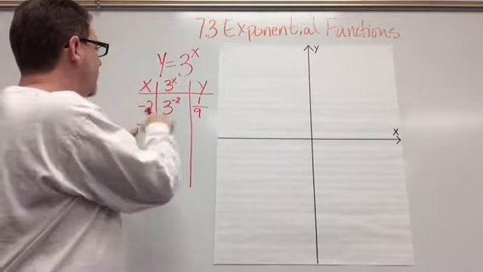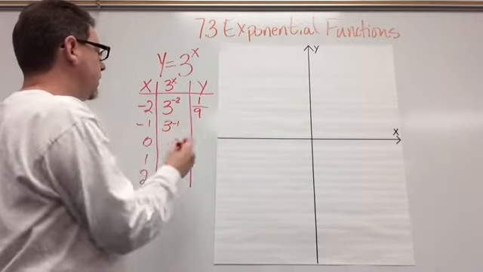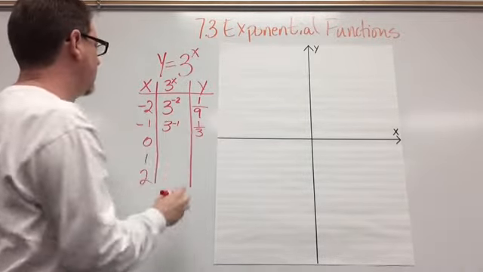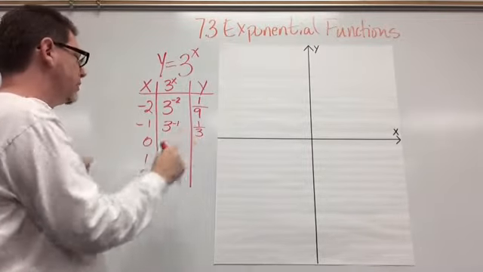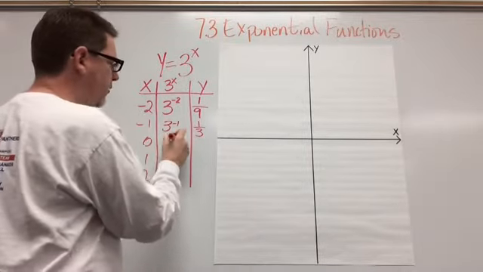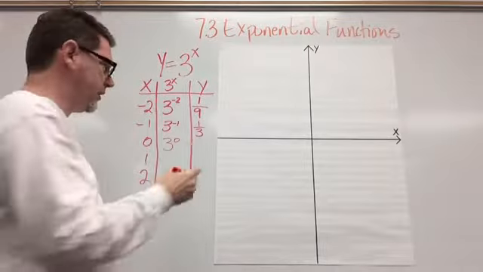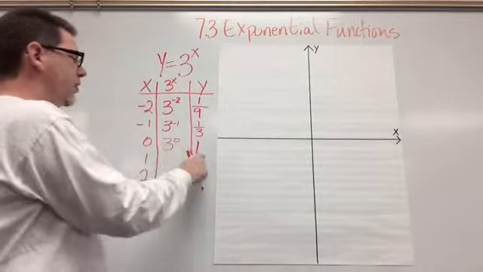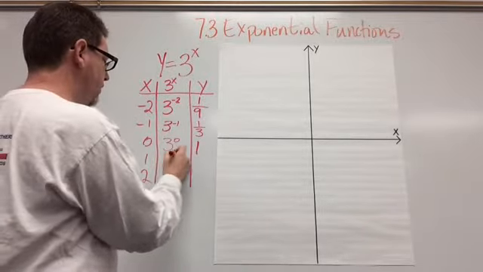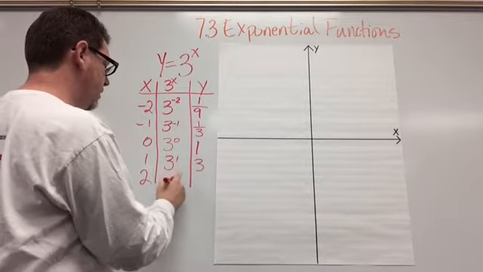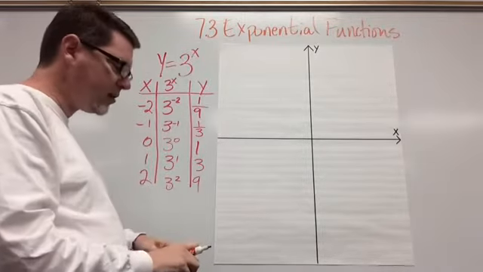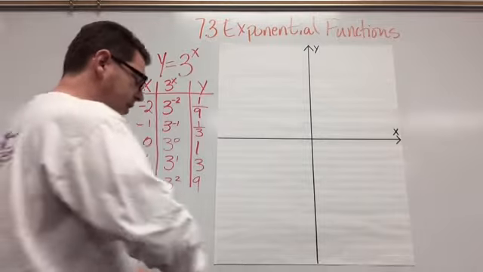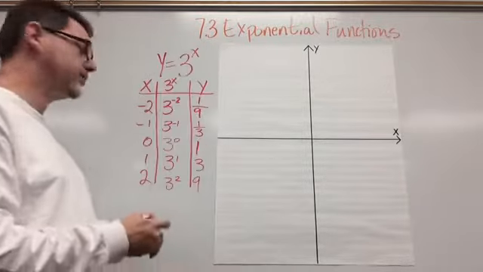And so I have 3 to the -1 power, and that's just 1/3. So when x is -1, y is 1/3. 3 to the 0 power, now we love the 0 power because it just equals 1. So 0, 1. And then 3 to the first power is just 3, and 3 to the second power is 9. So now we're going to graph these on our coordinate plane.